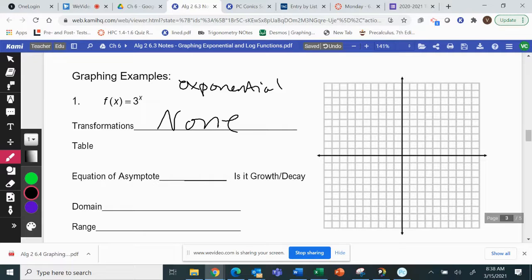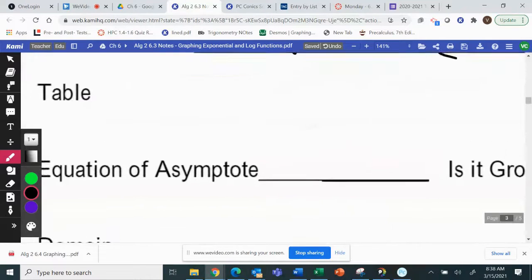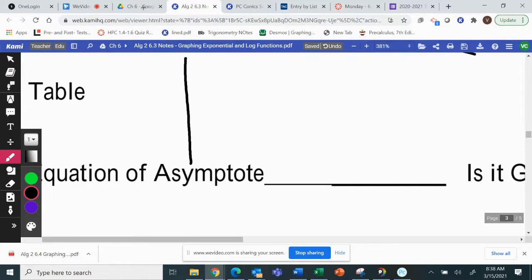So we are just going to make a table, and I don't have a ton of space for your table, so I'm going to zoom far in for the table. For exponential, we're always going to use -1, 0, 1, and y equals 0. Our base is 3. So 1/3, 1, 3.